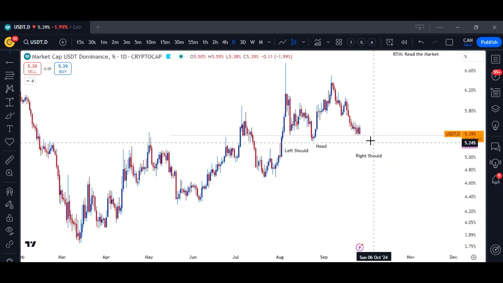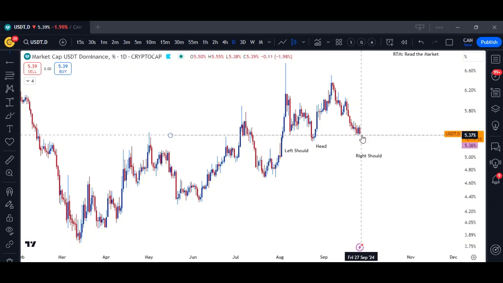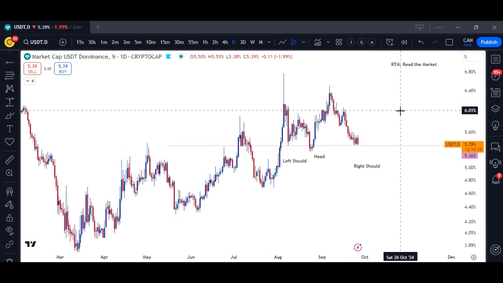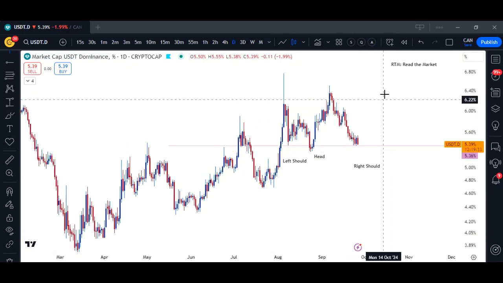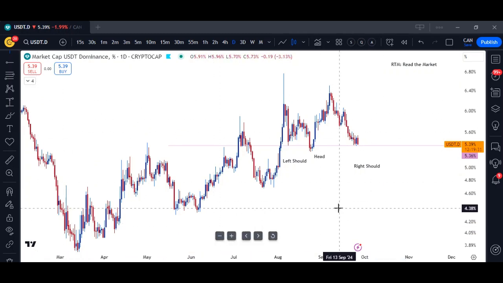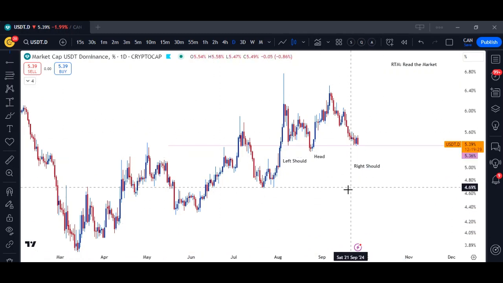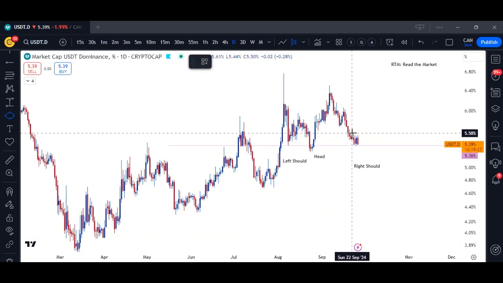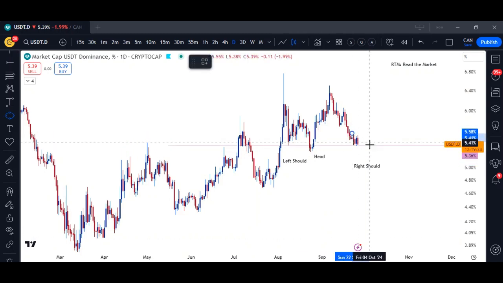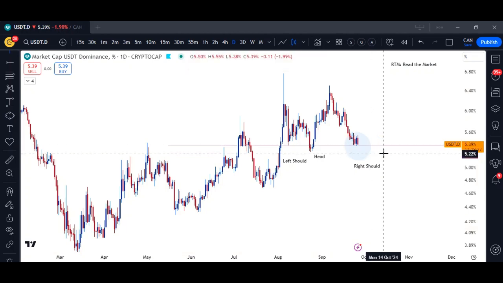We could expect a nice pump from this area to perform a very sharp movement upwards in order to finish this right shoulder. However, so far bears have not been really successful regarding this move.